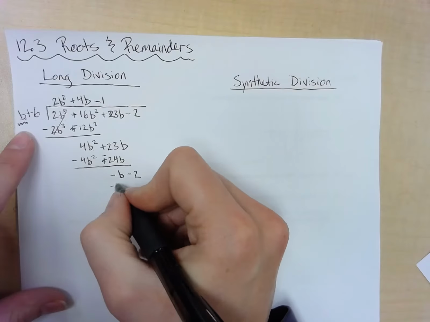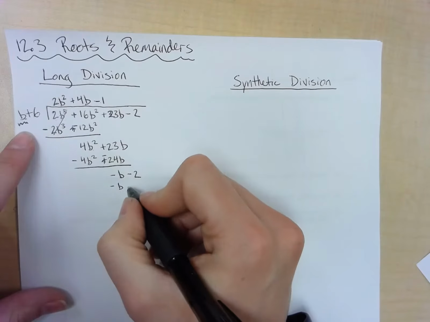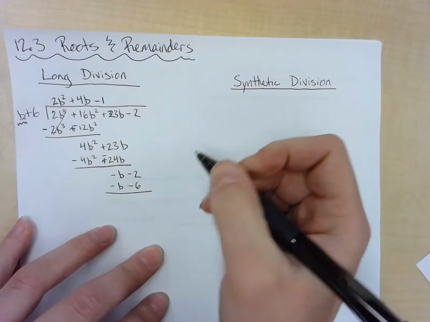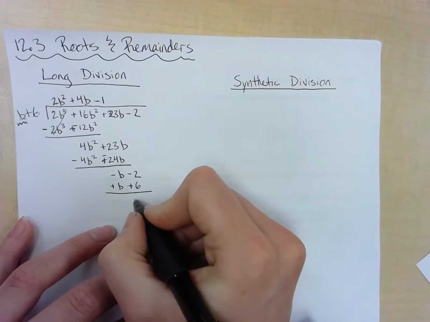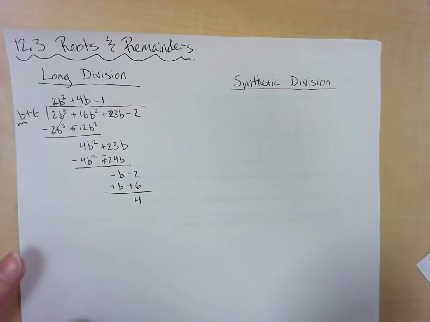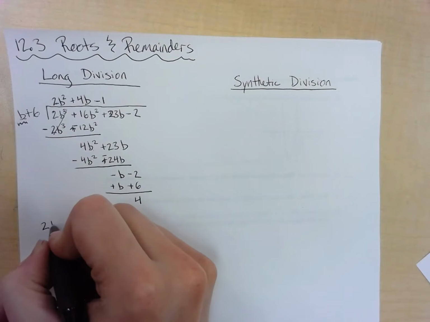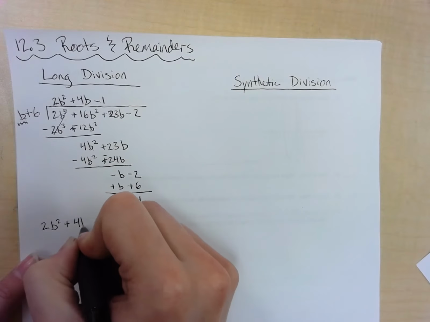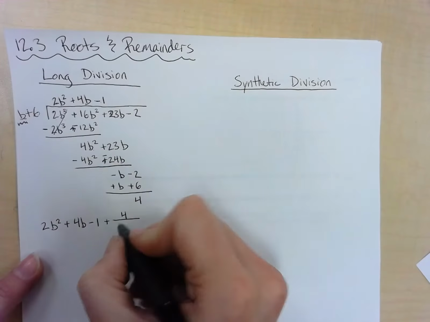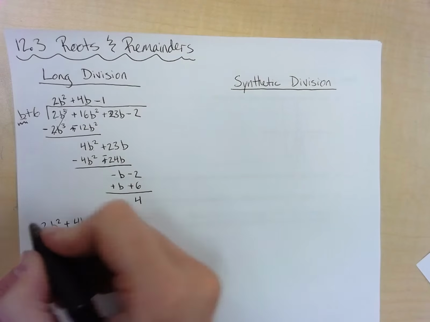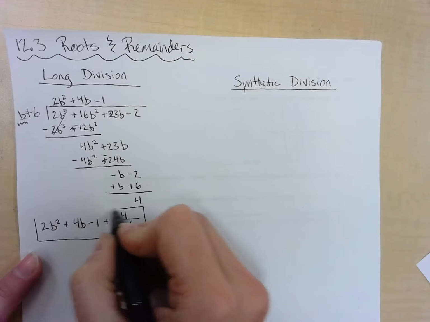Negative 1 times b is negative b. Negative 1 times 6 is negative 6. But when I subtract a negative, it becomes a positive. So our remainder is 4. So my answer is 2b squared plus 4b minus 1 plus 4 divided by b plus 6, because it's still being divided and it doesn't simplify.